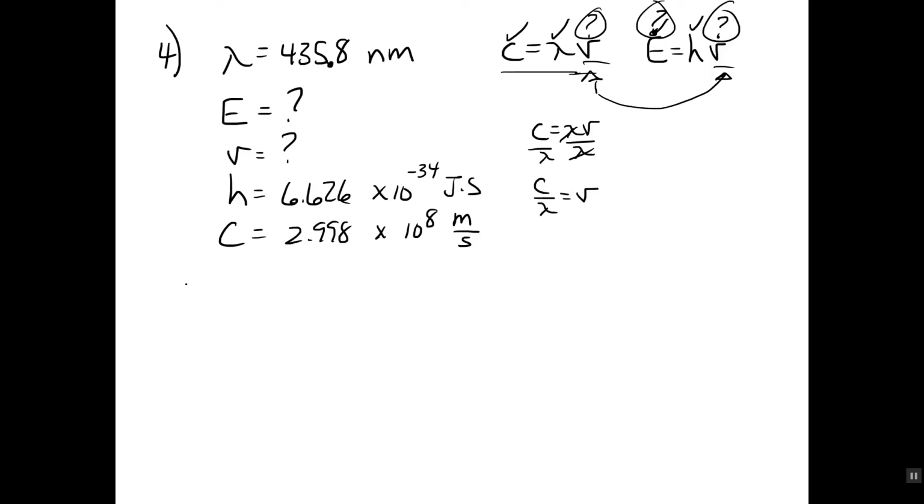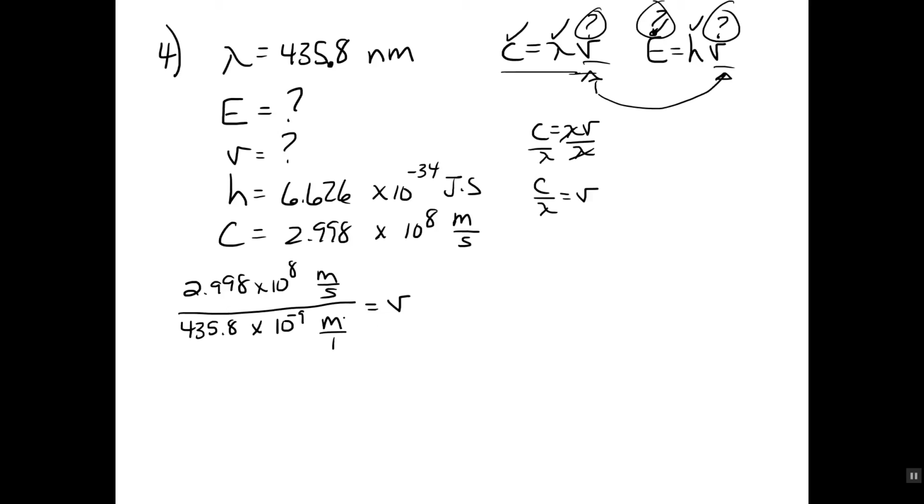And so let's go ahead. I'm going to do that over here. 2.998 times 10 to the 8th meters per second over wavelength, which is 435.8 nanometers. Now we know nanometers are the same thing as saying 10 to the negative 9th meters. And that's going to be equal to the frequency.